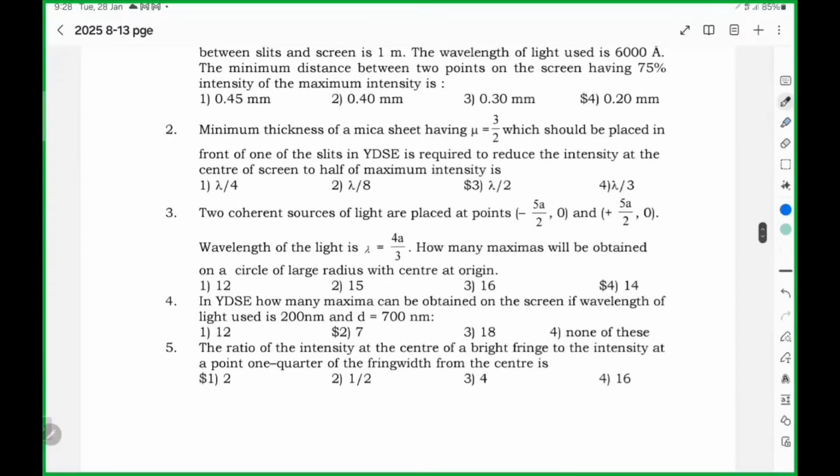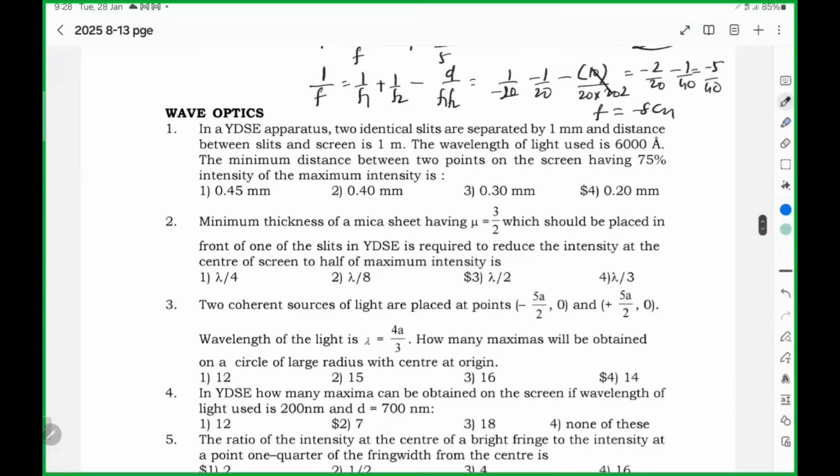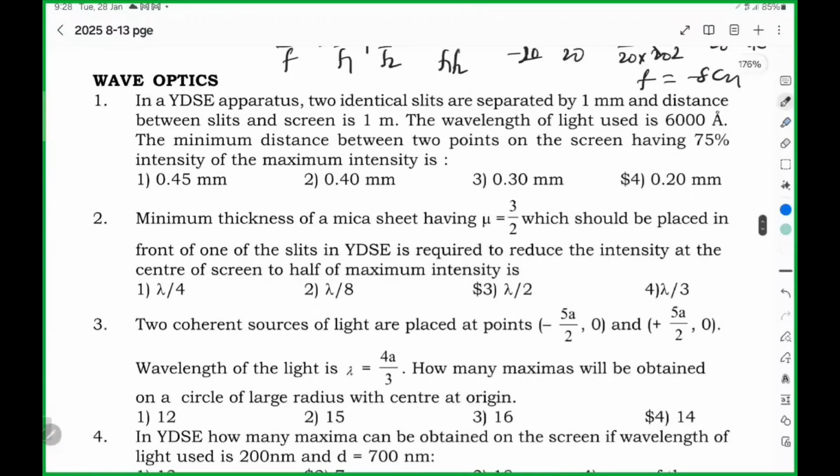So in wave optics, till now he has not given a problem based on introducing a mica sheet in the path of light rays. Once he introduces the mica sheet, the central bright fringe will shift by a difference.